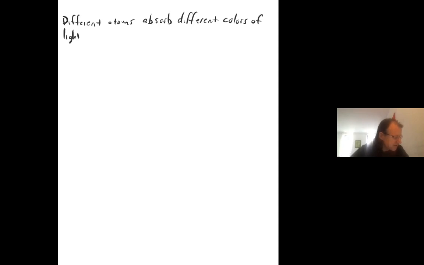That's one important aspect. So you can actually identify what atom you have in a sample just by measuring the colors of light that come off of it. You can do it very crudely just by dipping it into a flame and seeing what color you see.